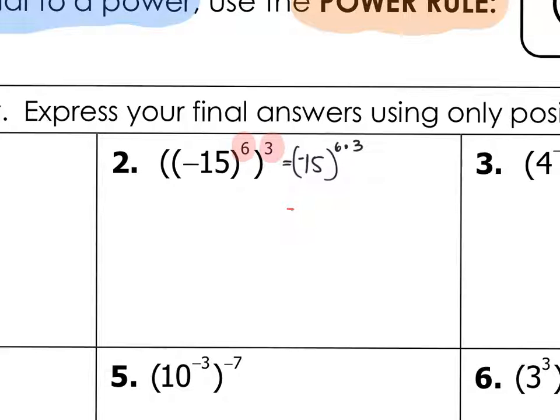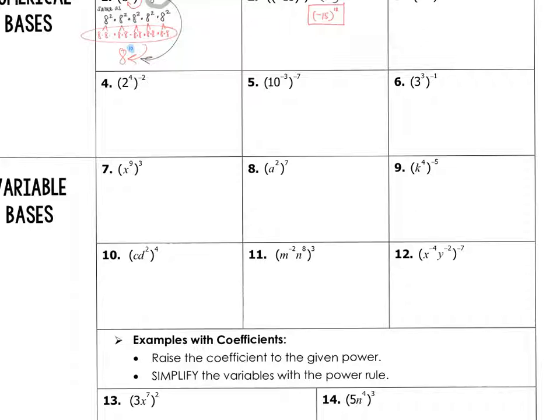And that does come out to be negative 15 raised to the 18th power. That would be a lot of negative 15s to write. With variables, if we jump over to number 9, we get k to the 4 times negative 5 power, which is equal, let me highlight those 2 powers, to k to the negative 20th power.